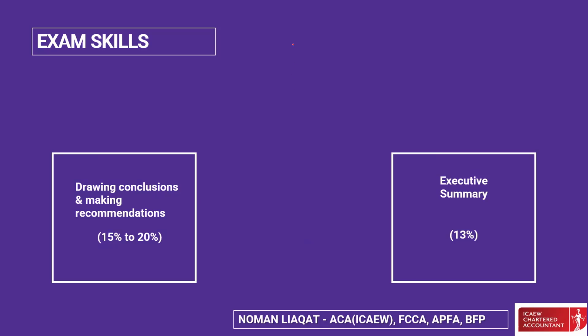Moving forward, the fourth skill is drawing conclusions and recommendations. The percentage is 15 to 20%. What do you mean by this? Drawing conclusions means we have to provide conclusions for analysis.